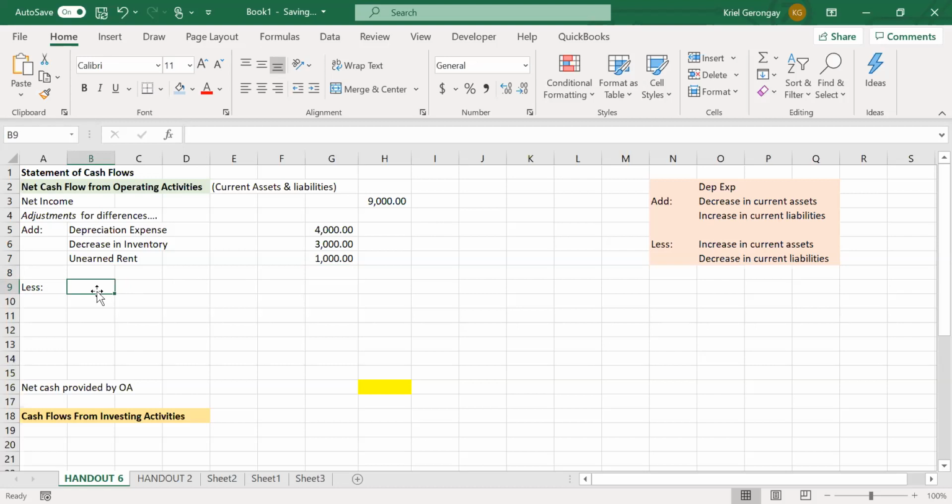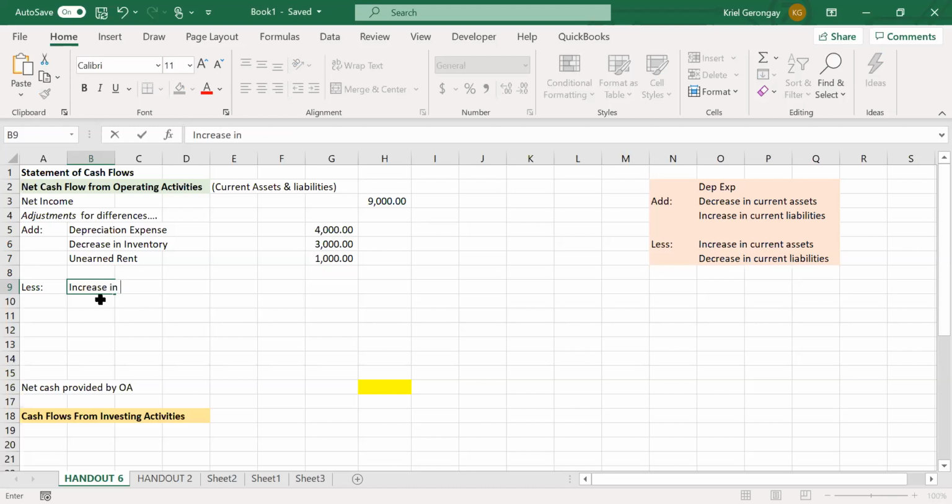So okay, going back to the accounts that we skipped earlier. Since there is an increase in accounts receivable, an increase of 6,000, we're going to have to put it here.